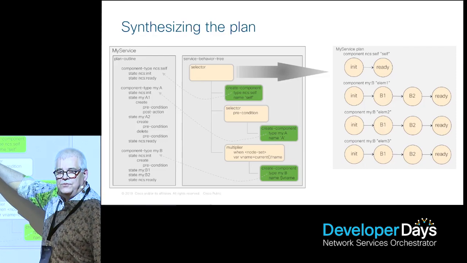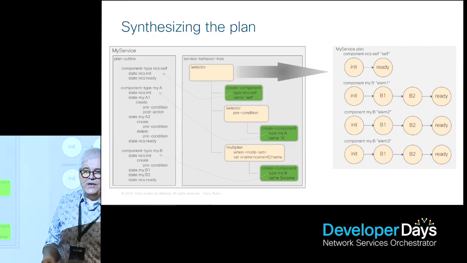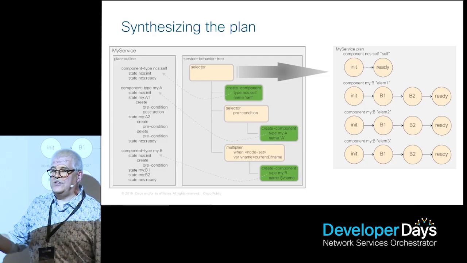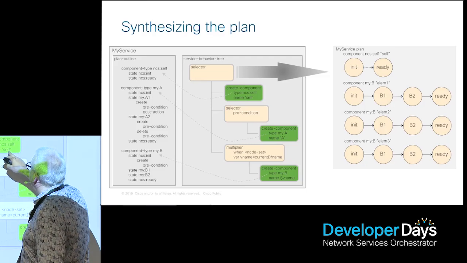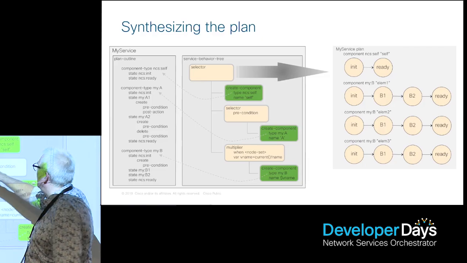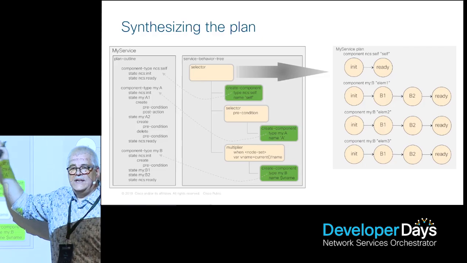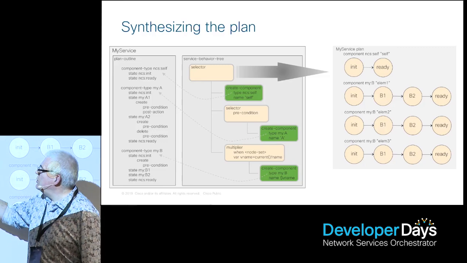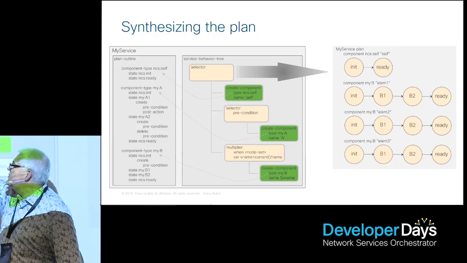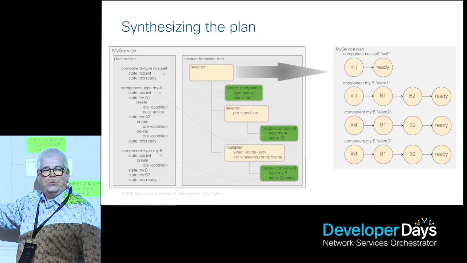And if they are true, then they say, let's evaluate my child. So it's just a tree that decides to go further into the tree. And the leaves, they are create component leaves. So the leaves are the only nodes that do something. They are action nodes.